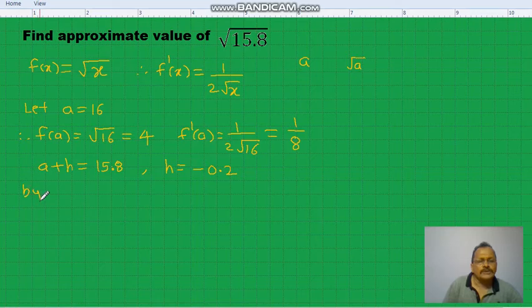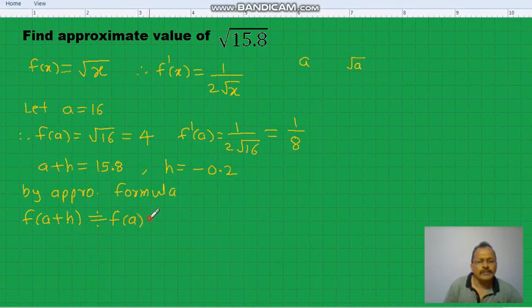By the approximation formula, let us write that formula: f of a plus h is approximately equal to f of a plus h times f dash a.